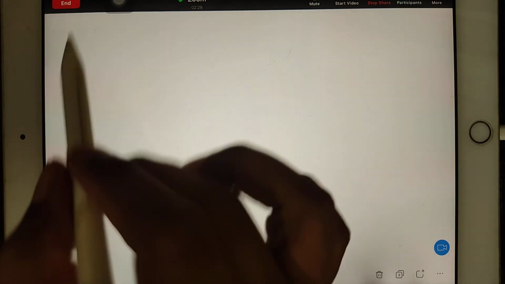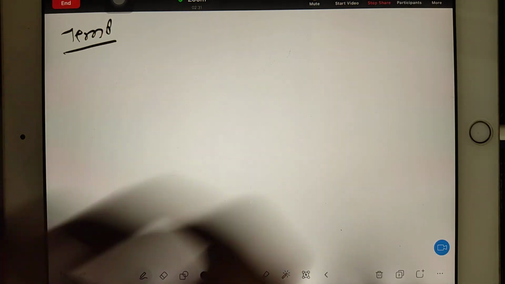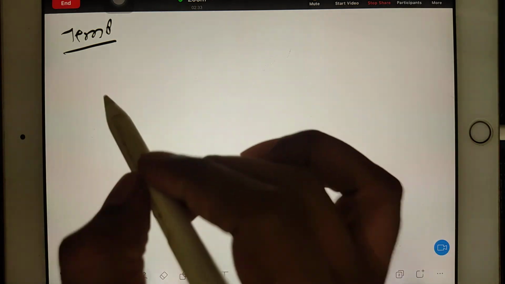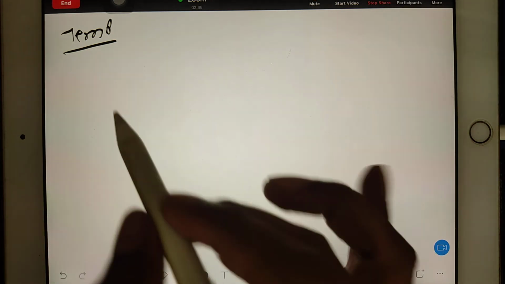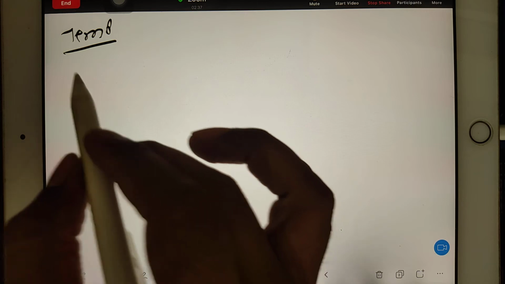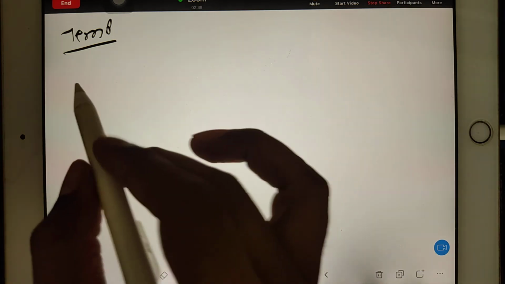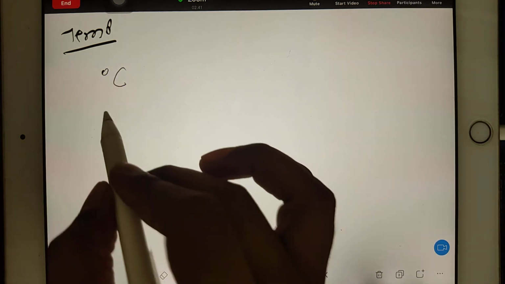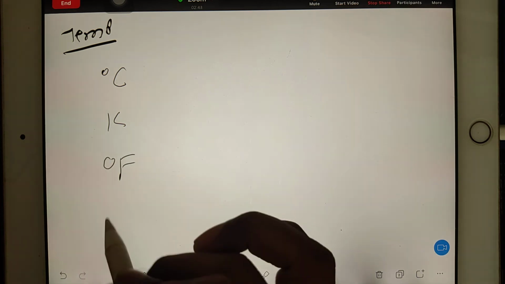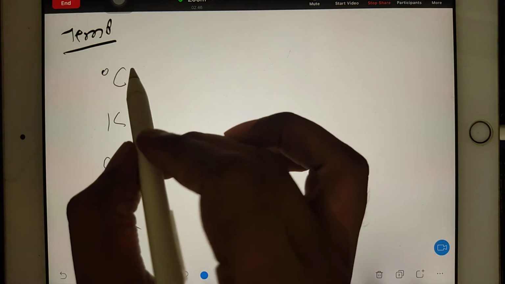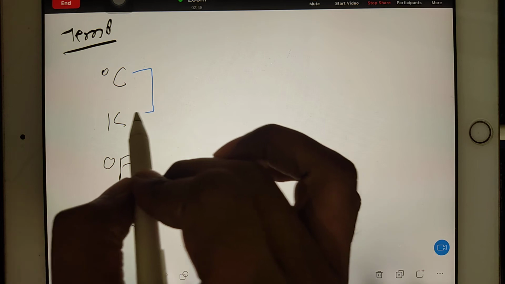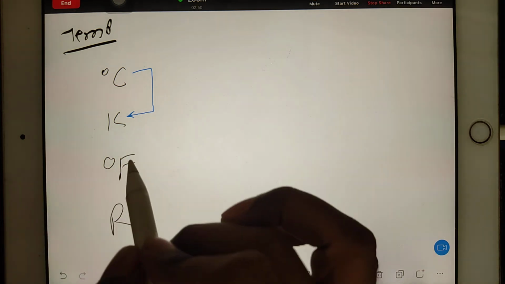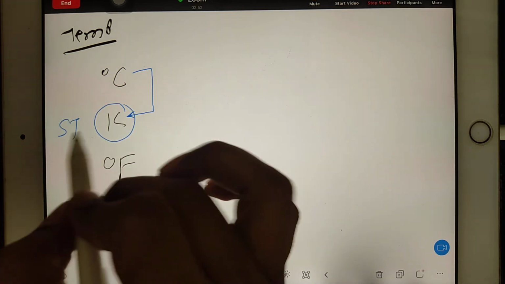Now let's discuss important points about temperature. In case of temperature, you should know some relations. We have four very popular scales: degree Celsius, Kelvin, degree Fahrenheit, and Rankine. Degree Celsius has its own absolute temperature, whose unit is Kelvin, which is also the SI unit of temperature.